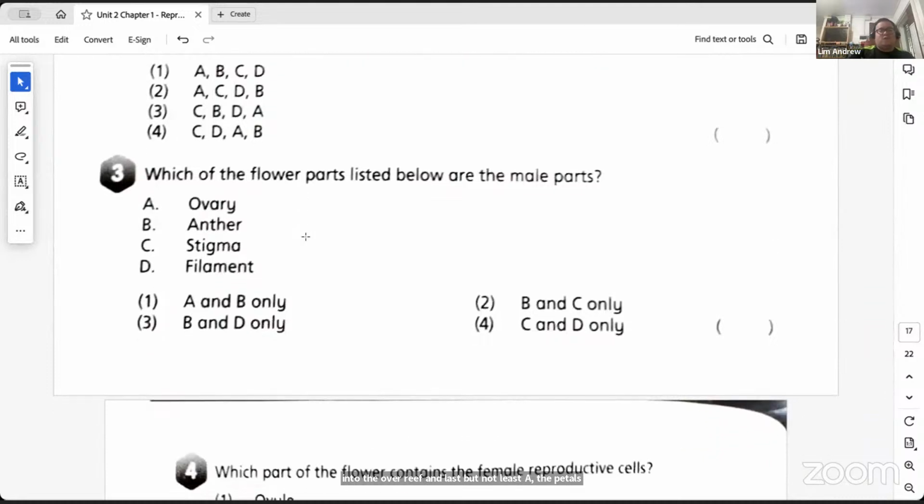Next up, which of the following flower parts listed down are male parts? Let me have a volunteer. Hi, good morning. Yes, Lynn, good morning. You raised your hand? Yes.